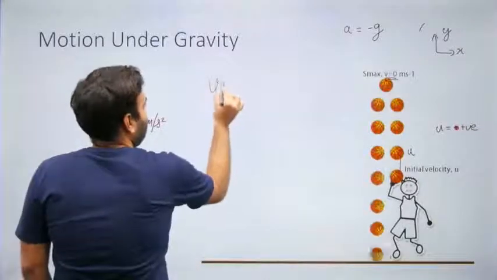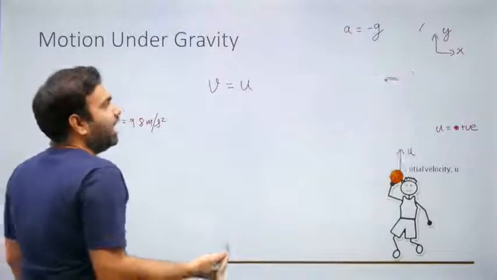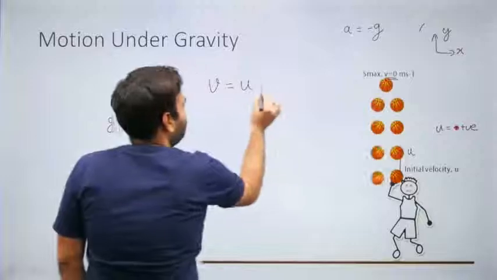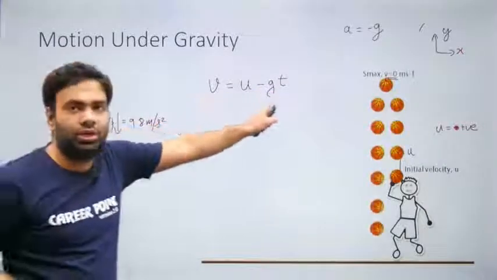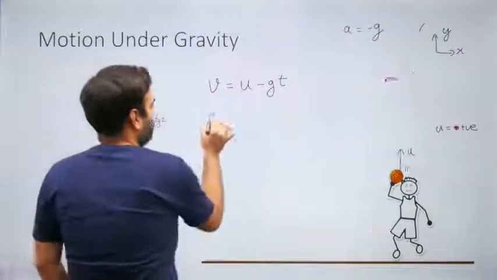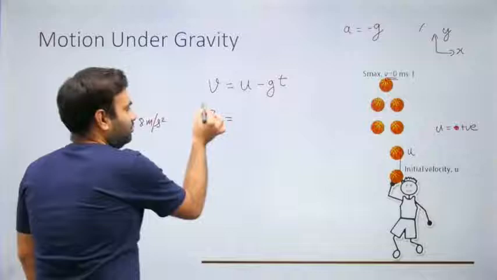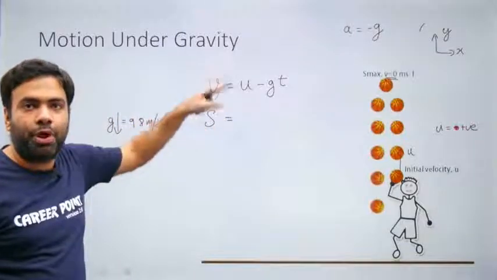So what were those equations of motion? v is equal to u plus at, and a is equal to minus g, so v equals u minus gt. This is the first equation of motion under gravity, because acceleration is equal to minus g. Second equation of motion, s, you can also write this as h, the height from the point of projection.